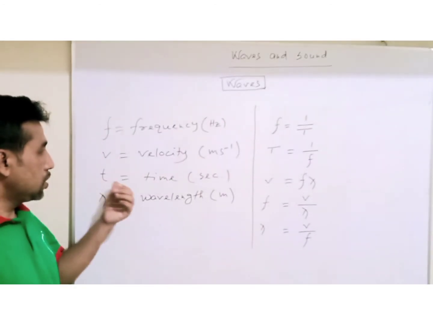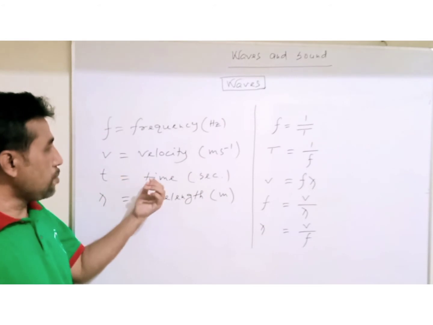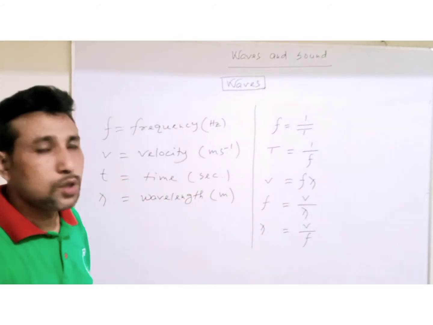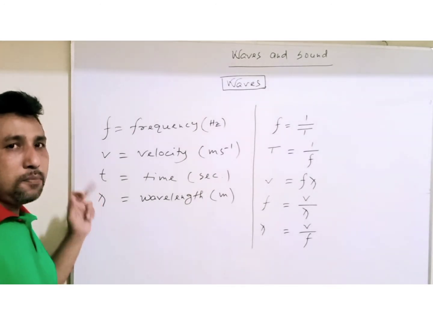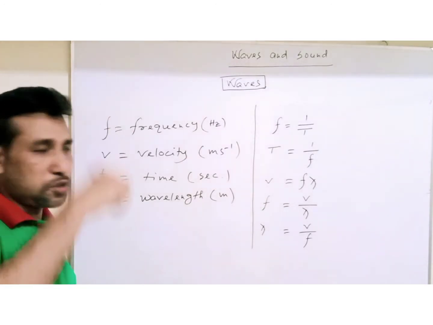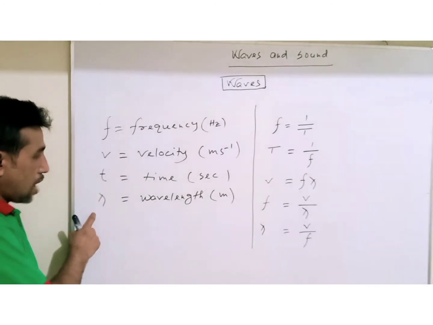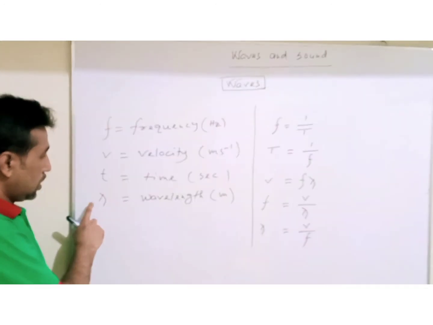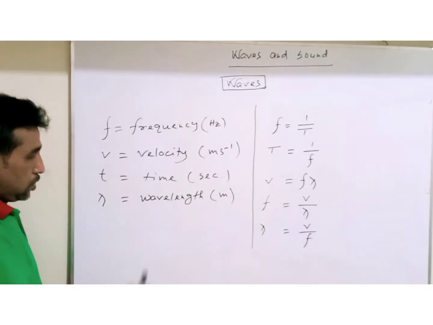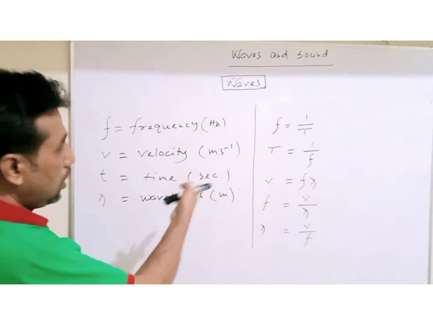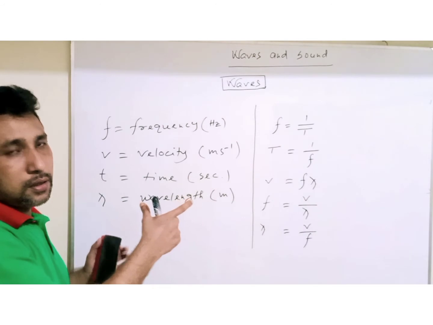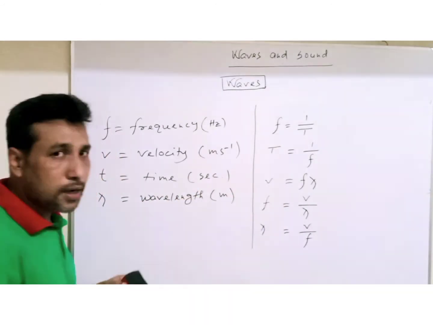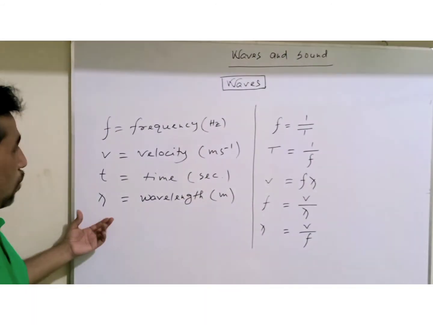T is for time, I mean the time period, the time taken to complete one oscillation. Lambda denotes the wavelength. Wavelength, I said to you, is the distance covered by two crests.